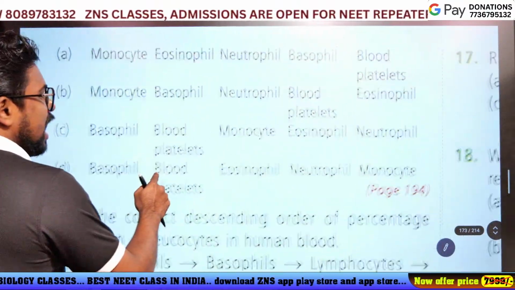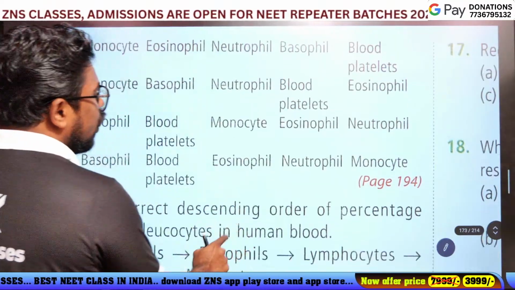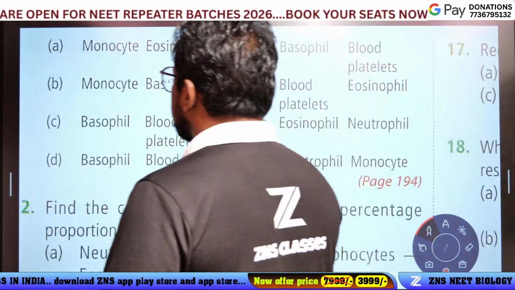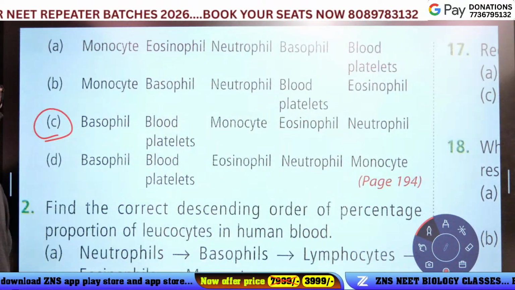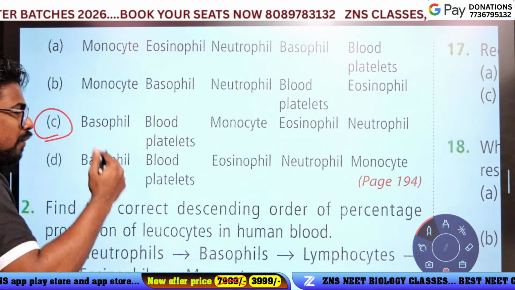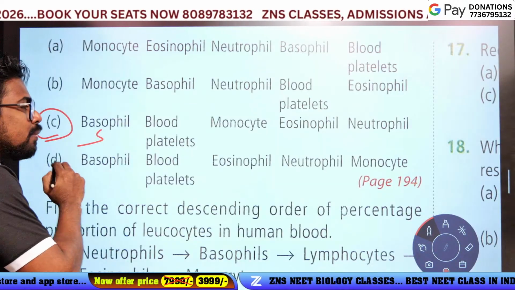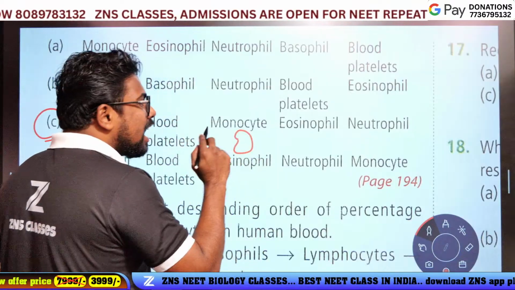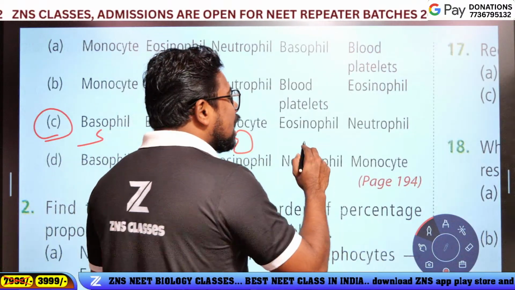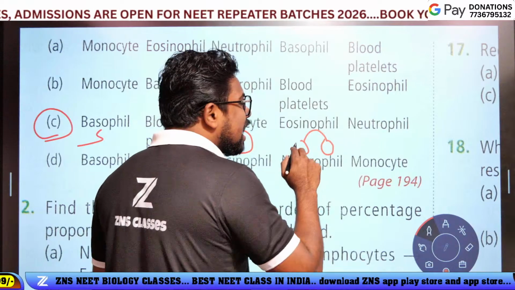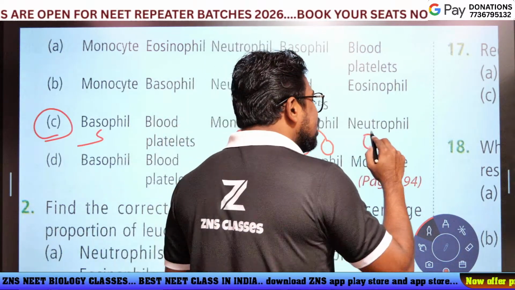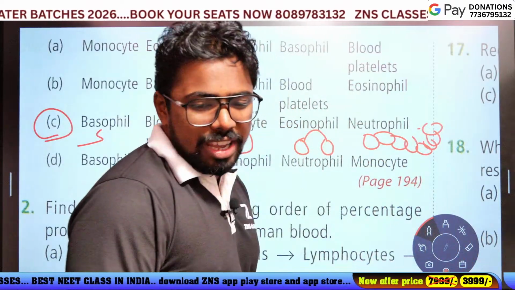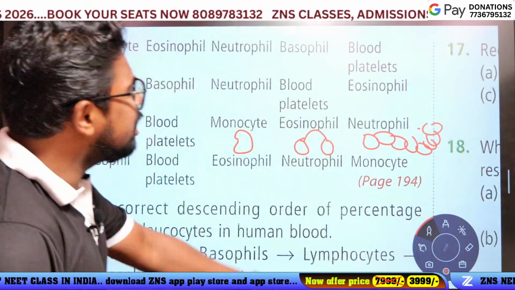Basophil, blood platelet, monocyte, eosinophil, and neutrophil: option C is the answer. Basophil is S-shaped nucleus, monocyte is kidney-shaped nucleus, eosinophil is bilobed headphone nucleus, and neutrophil is multi-lobed nucleus. This is the idea for your study to easily crack your exam.